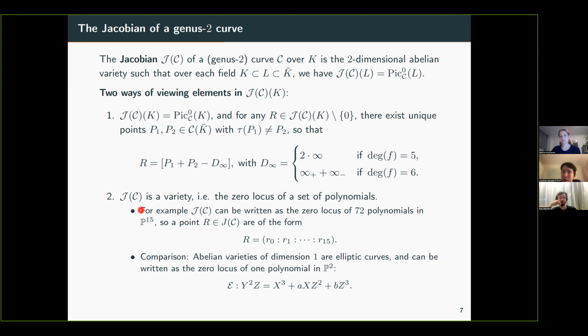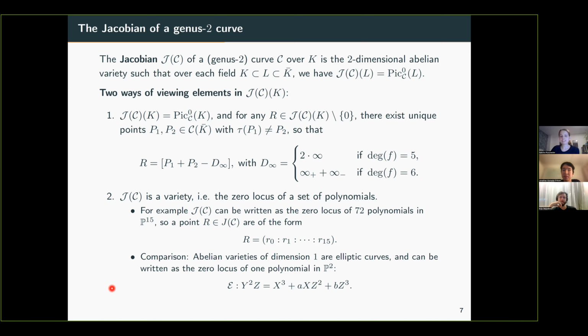One example is to view it as the zero locus of a set of 72 different quadratic polynomials in the 15-dimensional projective space. And I guess you can already see from this why we prefer to use the representation given above, just a pair of points on the curve, because this description is quite complicated to use in practical applications.